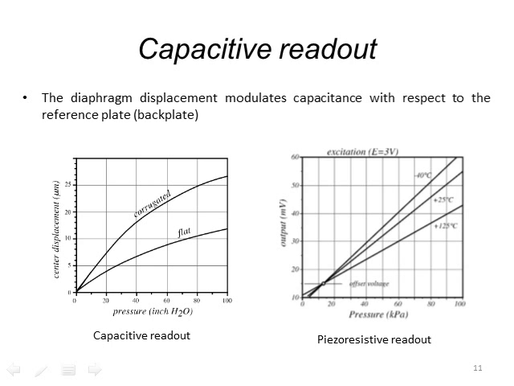But a big difference between capacitive readout and piezoresistive readouts is shown in the two plots. The capacitive readout is essentially nonlinear. The pressure versus center displacement is nonlinear. And with a piezoresistive readout, it's very, very linear. The piezoresistive also has a high temperature sensitivity that needs to be calibrated and compensated. So that's a drift in the system. But it shows you the two examples.